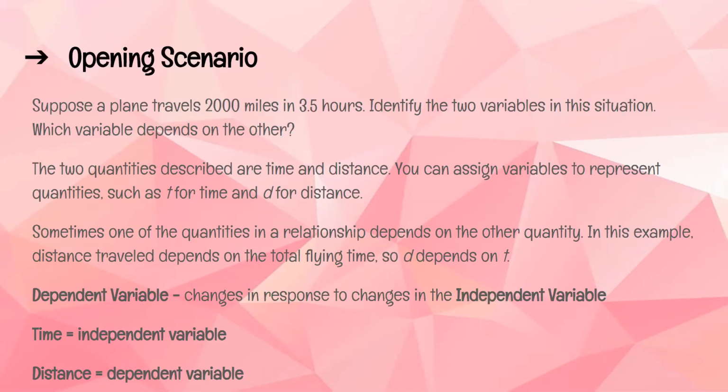In this example, the distance that I'm traveling, the 2,000 miles, depends on how long I'm flying or driving. So the distance I go depends upon the amount of time that I'm flying.